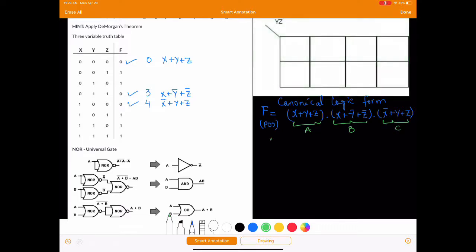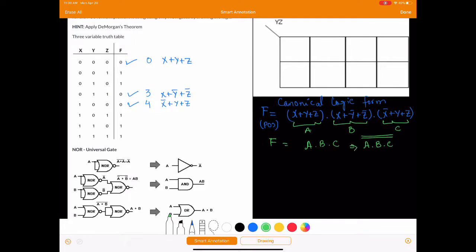So alternatively I can write it down as f equals to A dot B dot C, correct? Now also I can write this equation as A dot B dot C and then have 2 bars on it. We know that if you have 2 complements on top of each other, they will basically cancel out. So this is equivalent to this thing right here.